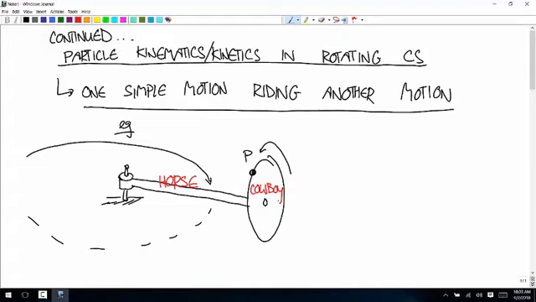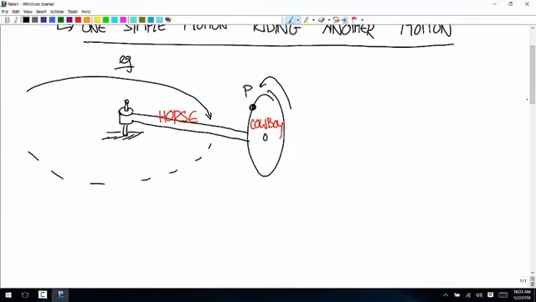And what we're looking for is how do you choose? How do you know which is which?